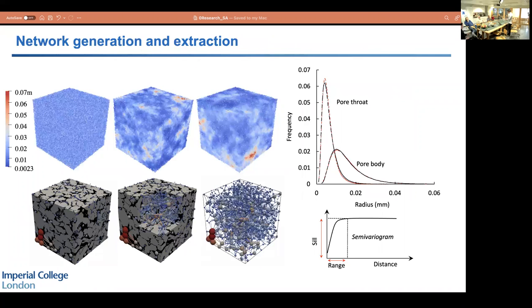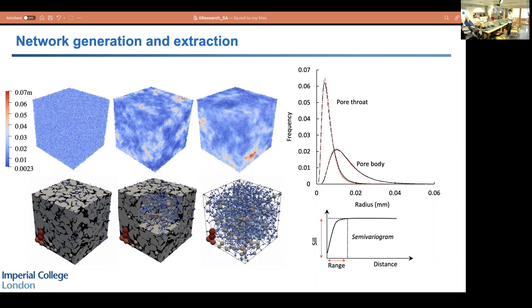Okay, another way we can get the heterogeneous model is we extract the network from the image, the CT image. But it's always challenging because we cannot guarantee it's as large as possible to include the location correlation, this kind of information. So we propose a method to generate the networks with the heterogeneity.